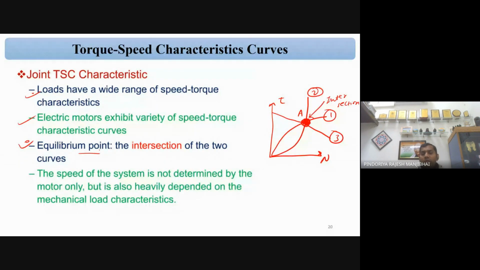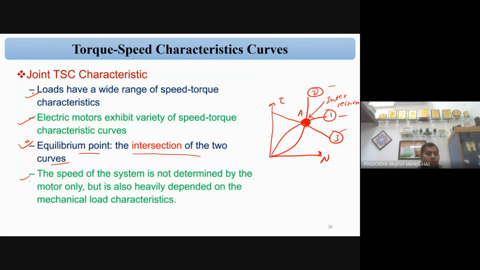How can we define the equilibrium point? The intersection of two curves, because two curves is the minimum for an intersection of any characteristics, any lines. Now we have three lines, line 1, line 2, and line 3, and all lines intersect each other. This is nothing but your equilibrium point, okay?